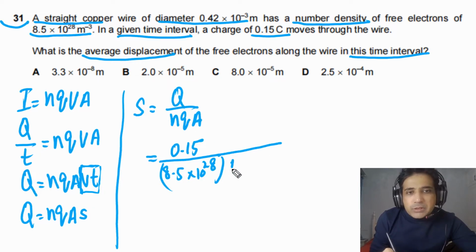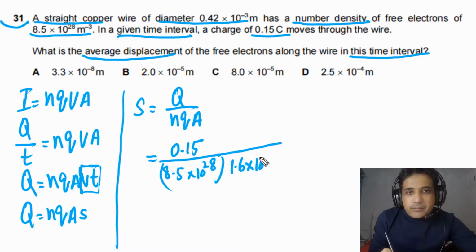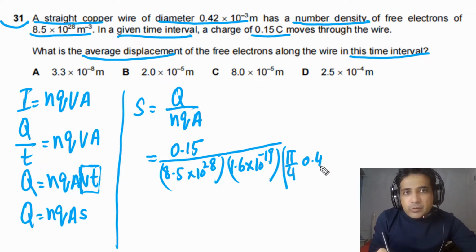And q is the charge on a single electron, or we can say the charge on a single charge carrier, 1.6 times 10 to minus 19 coulombs. Times the cross-sectional area. Diameter is given to us, so the area is pi by 4 d squared, where we multiply with the square of 0.42 times 10 to minus 3.